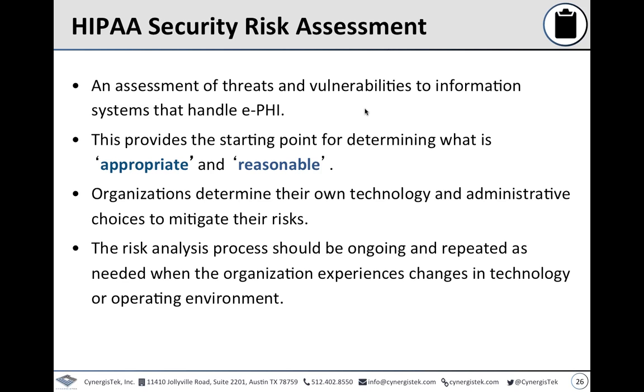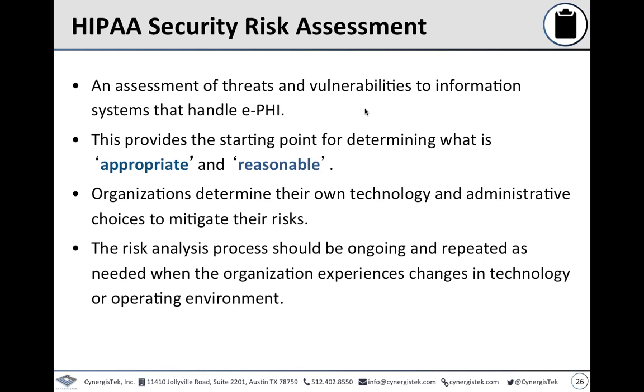Now, many business associates have multiple information systems, but in their relationship in working with a covered entity, only one of their information systems will actually handle protected health information.